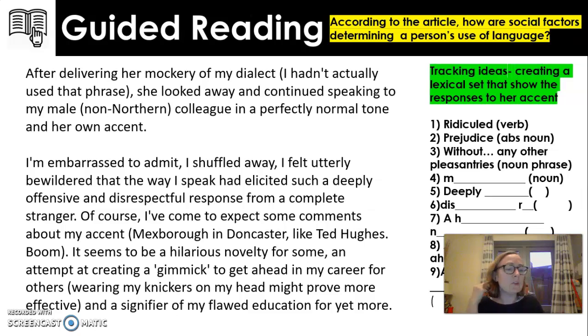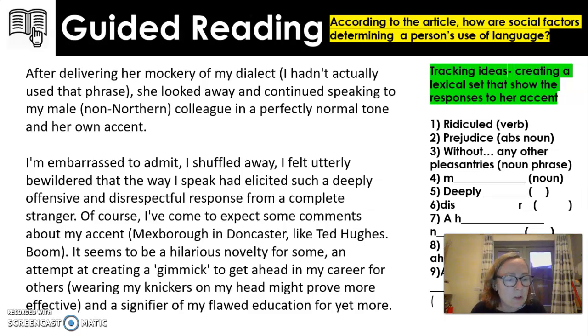She then goes on to talk about the anecdotal story, and she uses this phrase, without any other pleasantries. The reason that can be part of this lexical set, this noun phrase, is that we're talking about how people are treating her, their responses to her based on how she speaks. And there's a suggestion that this person, the student, drops any pleasantries and just goes straight for the insult.